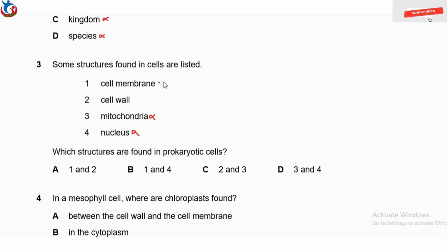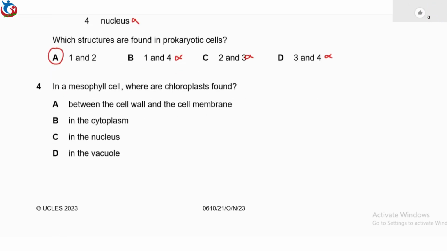So we have the cell membrane and the cell wall. That makes option A, 1 and 2, the correct option. So B is wrong, C is wrong, and D is wrong. We'll now move straight to question 4.